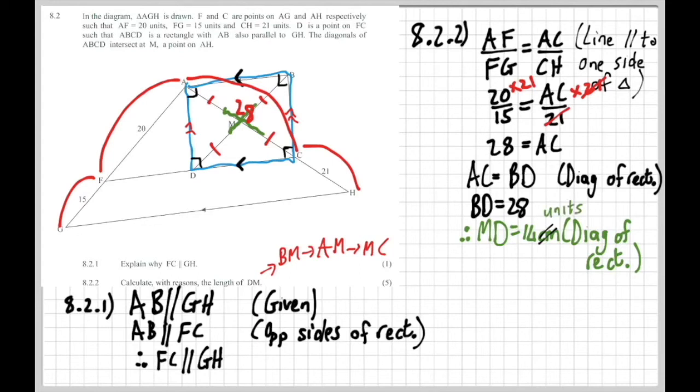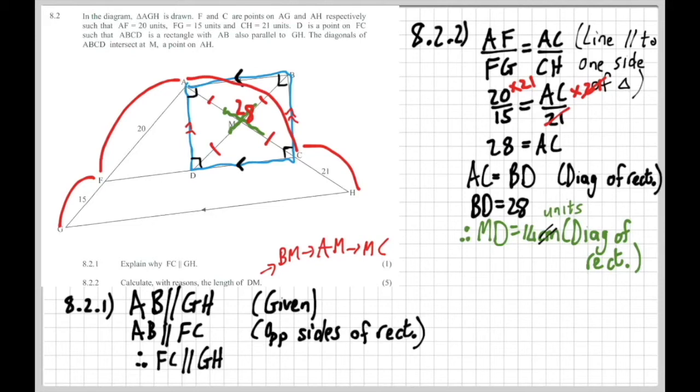And there, ladies and gents, I have just proven, we've just gotten a length of DM, and hence my question is done. I know I'm taking a lot of time on a 6 mark sum, but remember, I'm explaining it while I'm doing it.